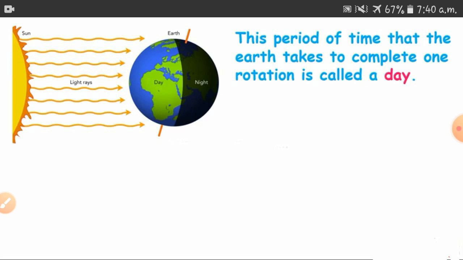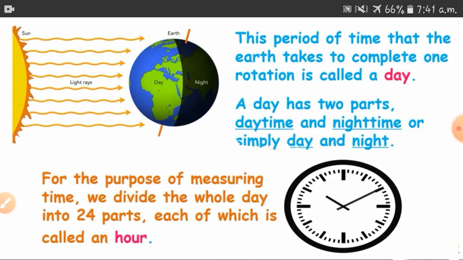This period of time that the earth takes to complete one rotation is called a day. That is, when the earth moves one whole round around itself, it is called a day. A day has two parts, daytime and nighttime, or simply day and night.